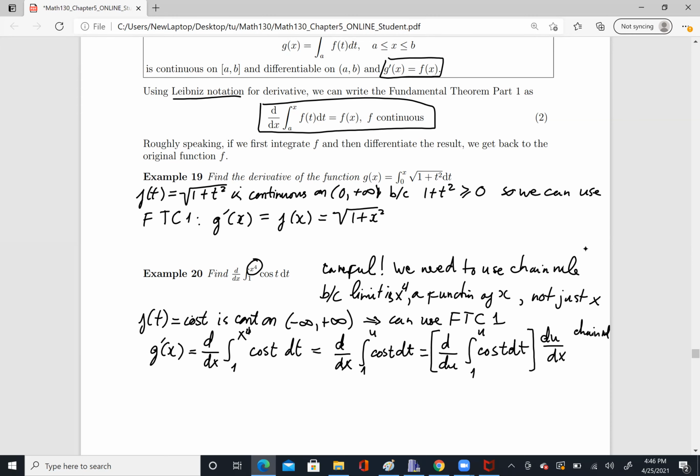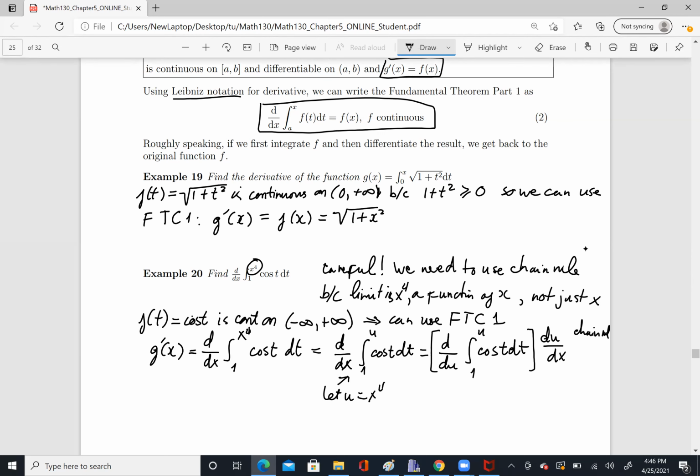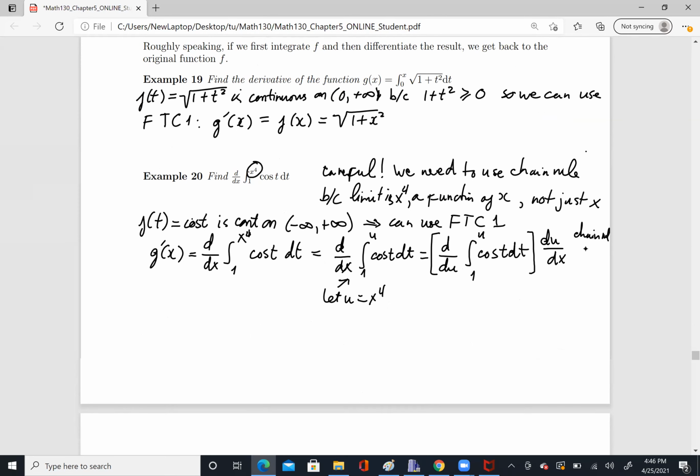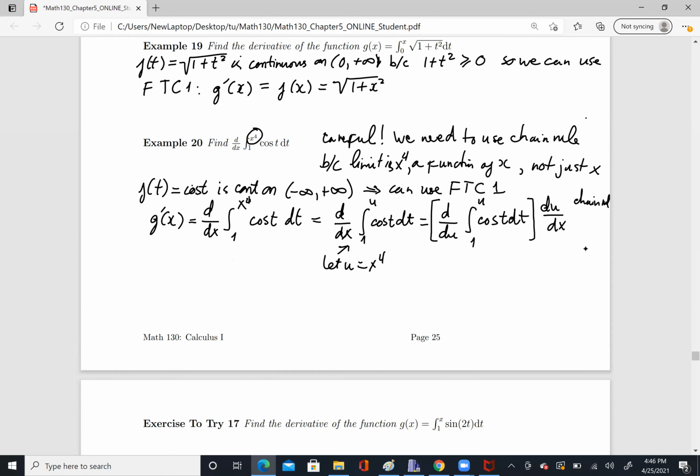Now, don't forget to say in here, I let u equal to x to the power 4. So then I have du/dx, take the derivative of both sides, I will have 4 times x to the power 3.